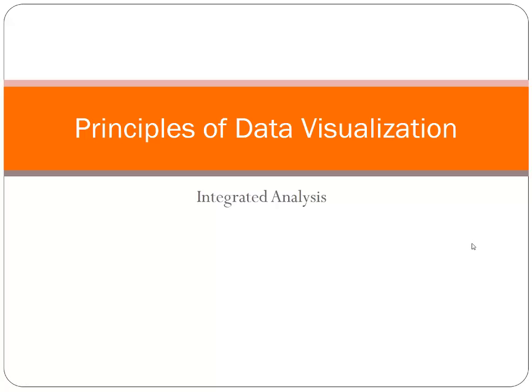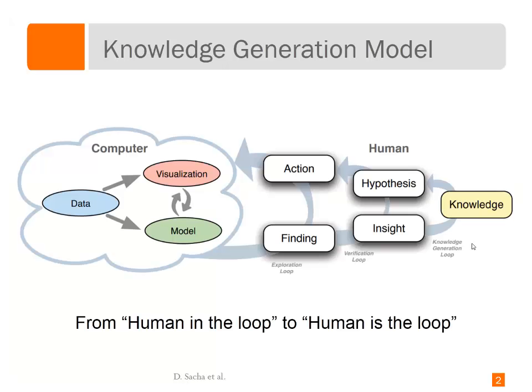Welcome to the lecture on integrated analysis, part of the data visualization lecture series. A large part of our conversation in this lecture will be about what's known as the knowledge generation model.